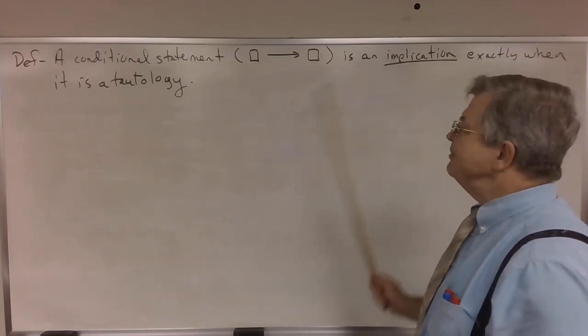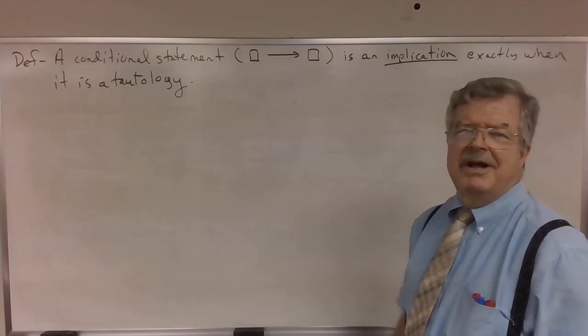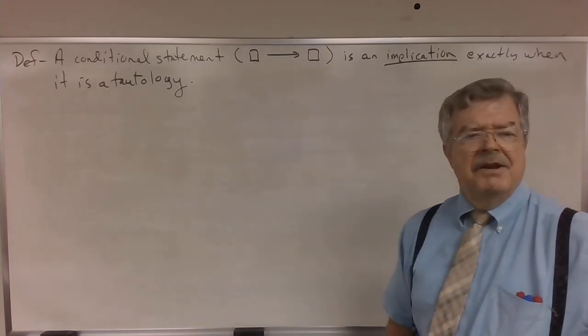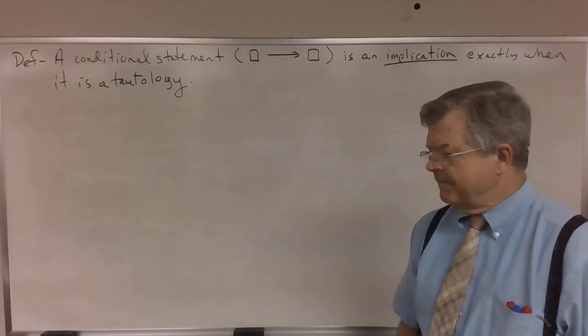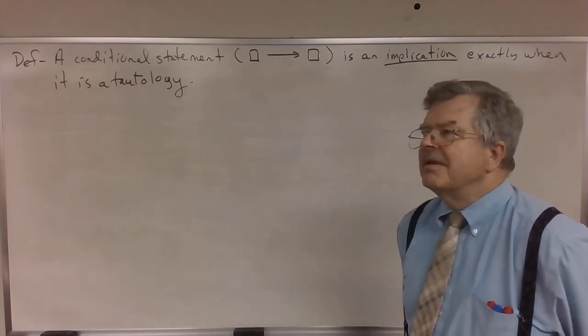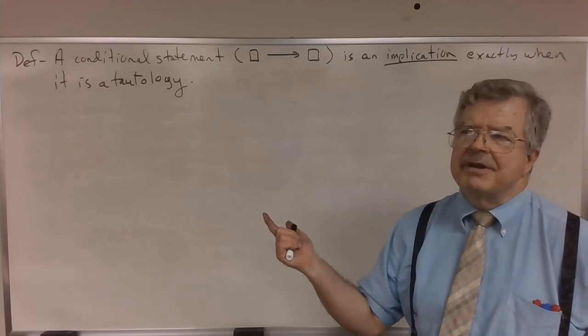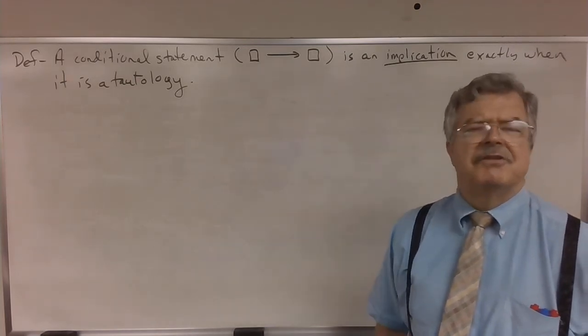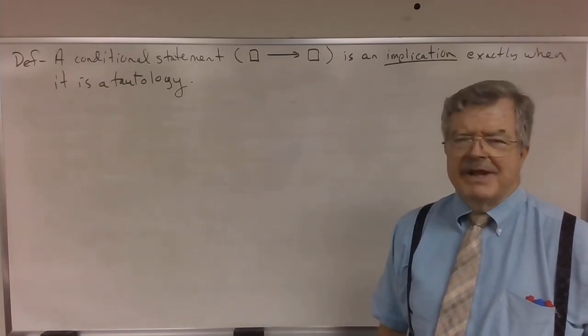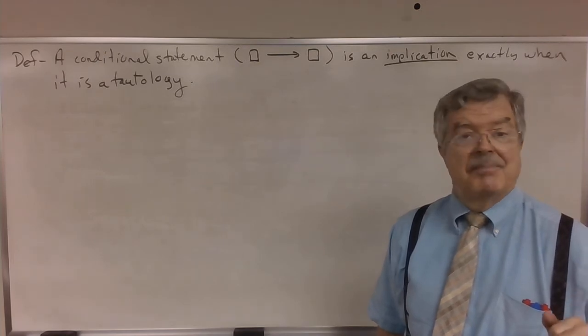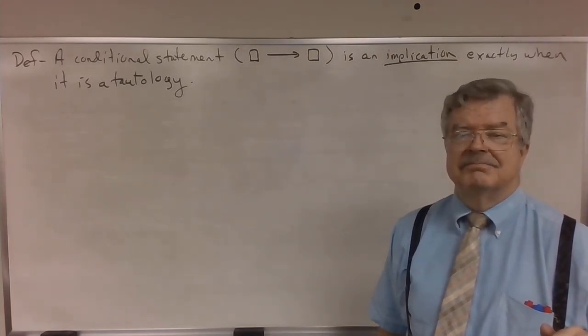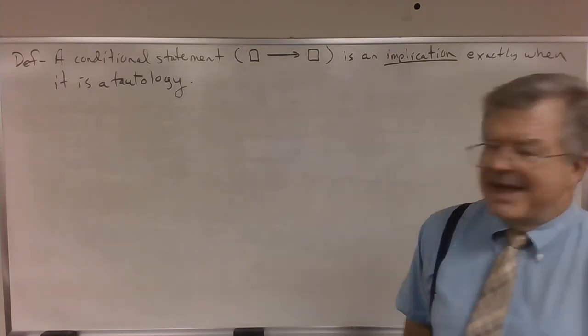It's an implication exactly when it's a tautology. Now, in all of the cases before, when we did the contradiction, when we did the tautology, we created a really simple example first. So let's do that again.